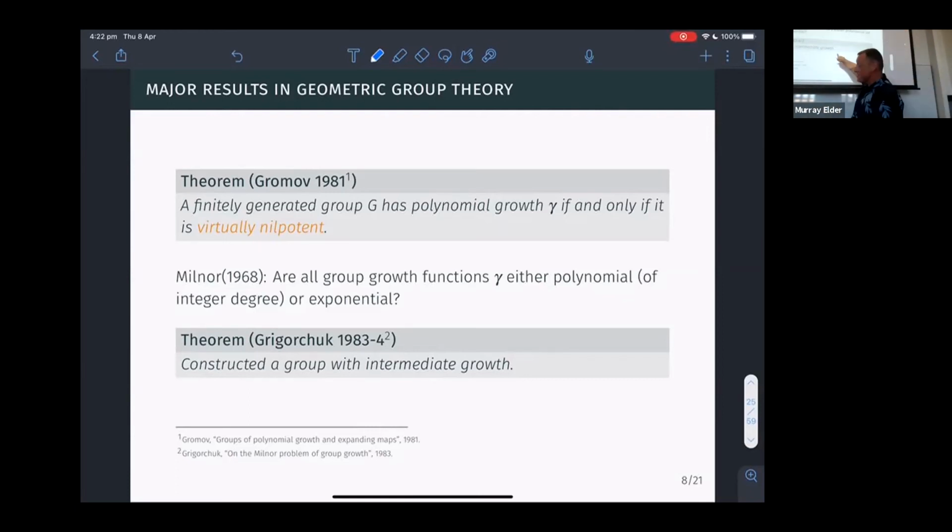So it's sort of fascinating that this exists, and once this appeared, people started producing other examples of things with intermediate growth. So I would say, and I'm very biased, I think, that these two results about usual growth are pretty big ticket items.